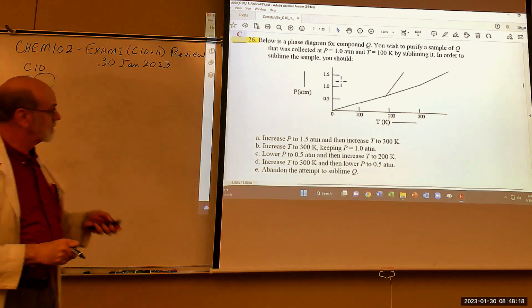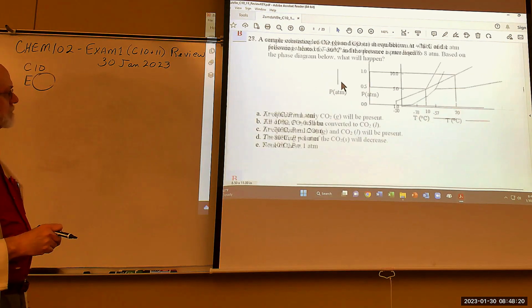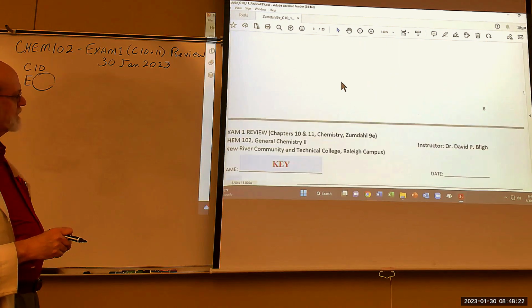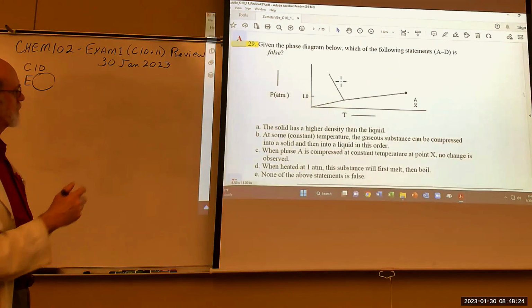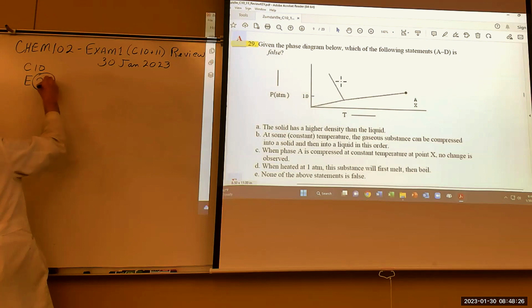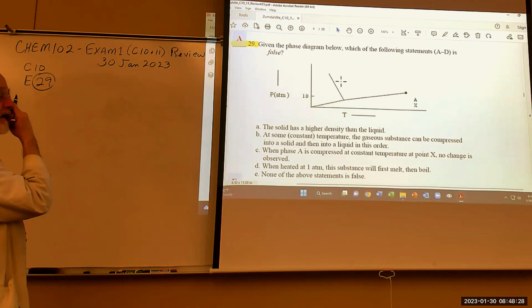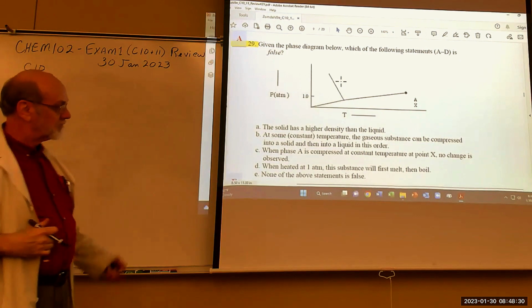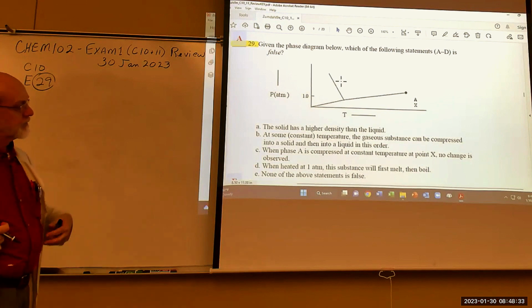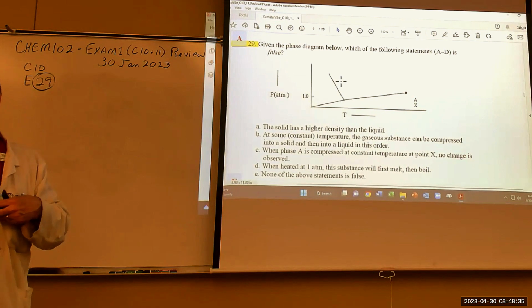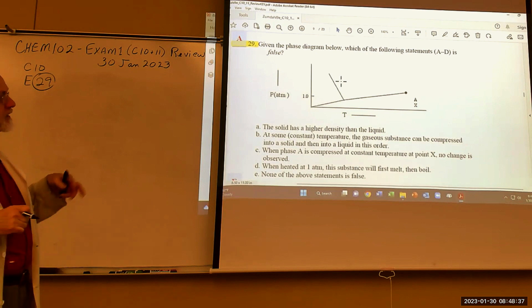All right. Let's see. What about this one? 29. Given this phase diagram, and the areas are similar, solid, liquid, gas are in the same relative positions.